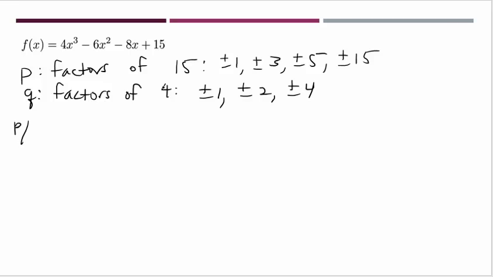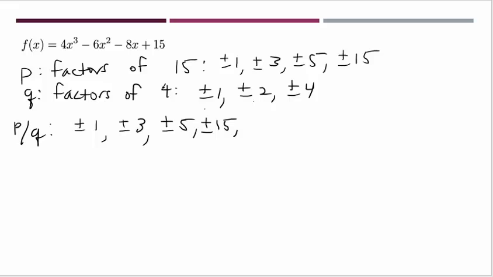And then we divide them, p by q. Okay, so take your p's individually and divide them by q one at a time. And so we get plus or minus 1 divided by plus or minus 1 is still plus or minus 1. Continue across, so we'll get plus or minus 1, plus or minus 3, plus or minus 5, plus or minus 15.